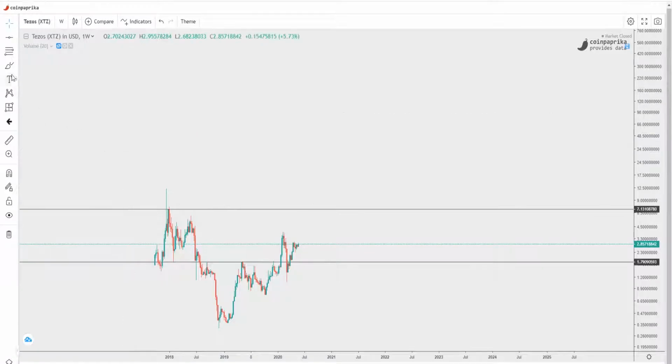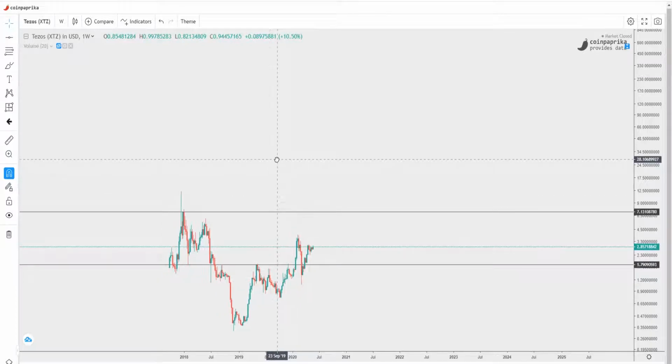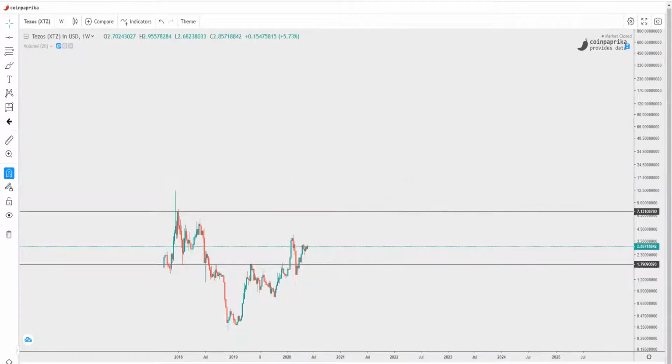Let me also measure the bottom to the top. Okay, perfect. And now what we will be looking at here is this. So we have 7, and for the next 100 is going to be 34.